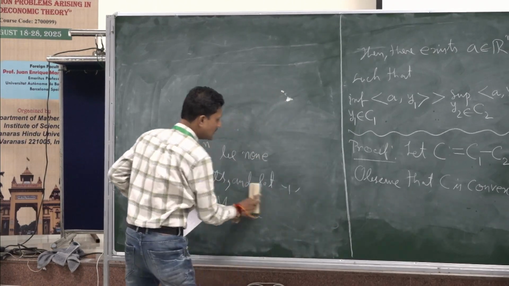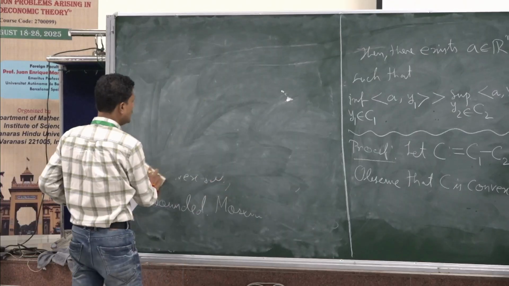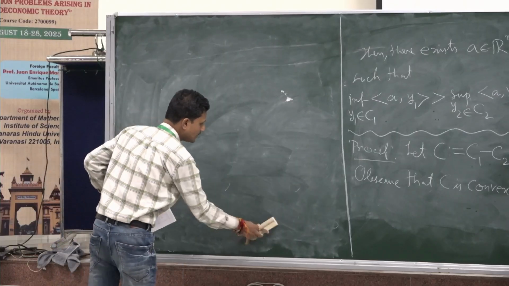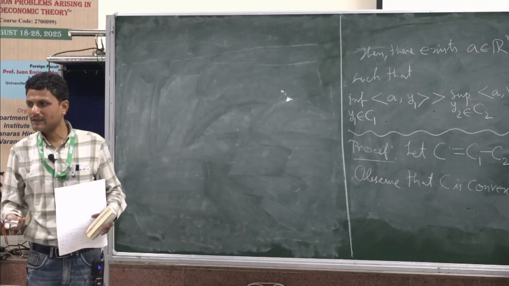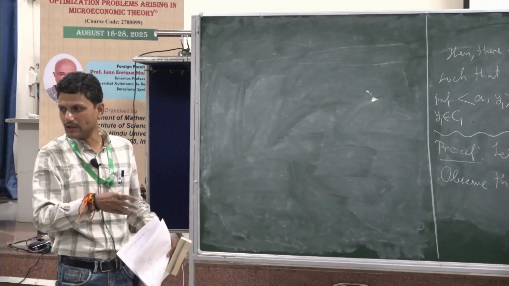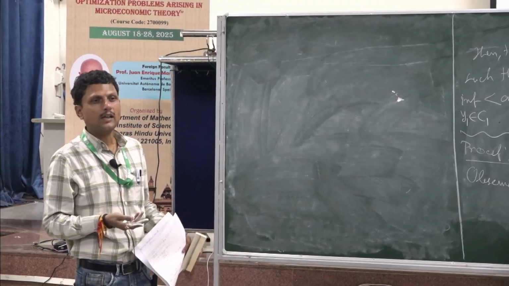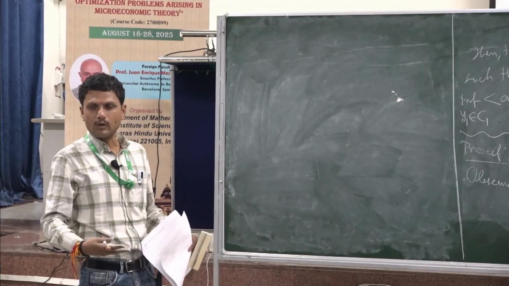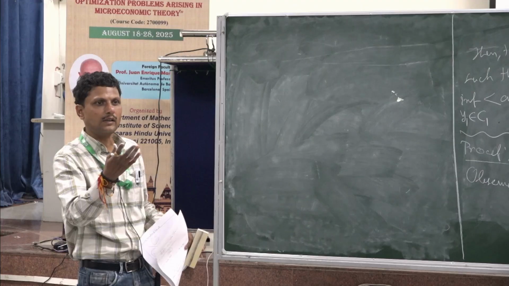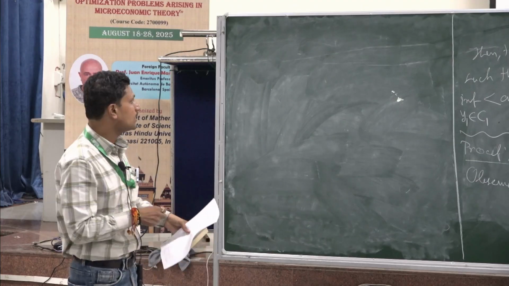But for C2 we cannot use the property of boundedness. If we assume C2 is bounded, then it is immediate, but for C2 we have relaxed the property of boundedness. At least one is bounded, the other one may not be bounded, right?